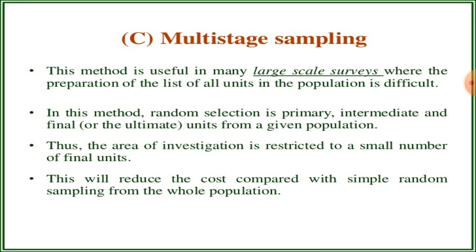In this method, the random selection is of primary, intermediate, and final or ultimate units from a given population. Thus, the area of investigation is restricted to a small number of final units, and this reduces the cost compared with simple random sampling from the whole population.